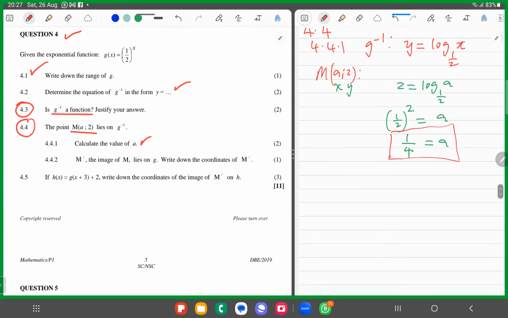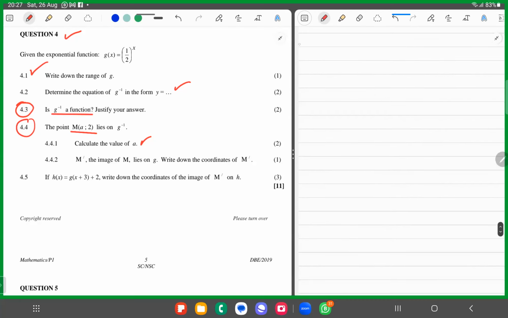We look at 4.4.2. M primed, the image of M, lies on G. Write down the coordinates of M primed. Right, so M primed, which is the image of M, lies on G. Write down the coordinates of M primed.